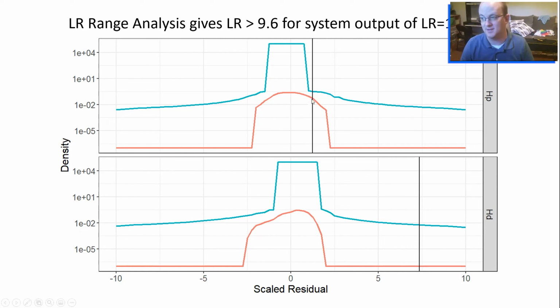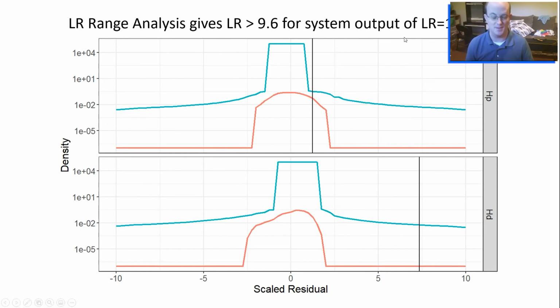So even though the nominal LR has increased from the system, if we start to shift outside of what was expected from the system based on the validation data, the lower bound can actually become less and less as you get higher and higher, or more extreme, likelihood ratio values.